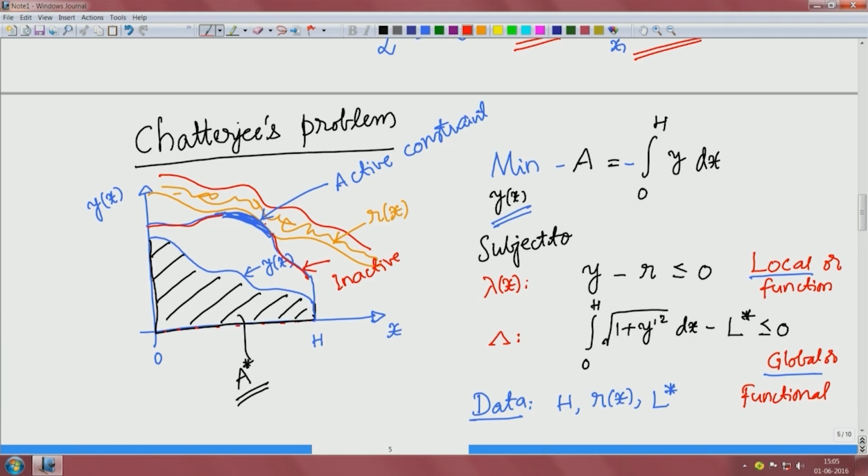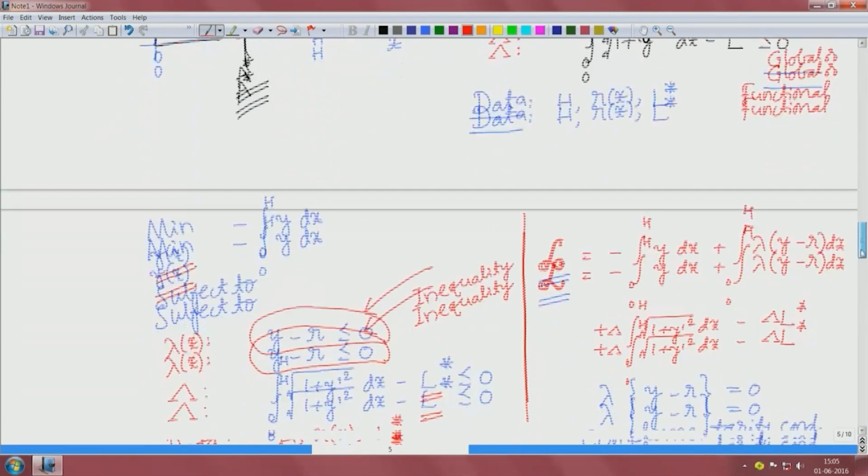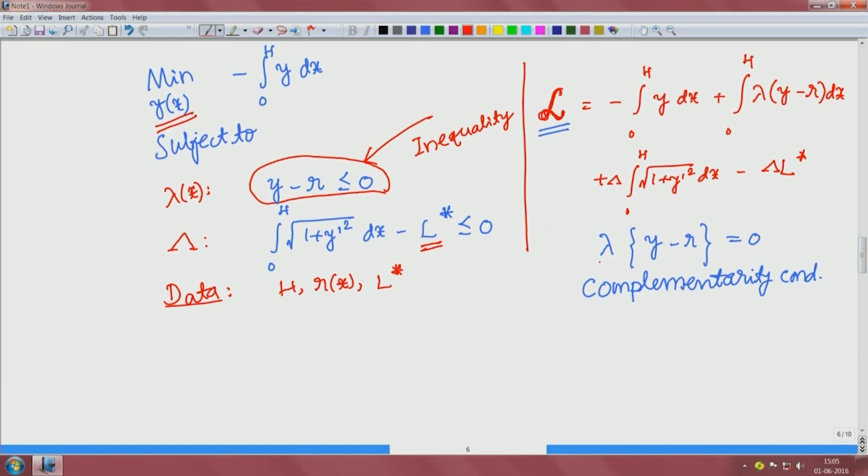In that portion where it is active, the lambda that we have need not be 0, because the complementarity condition says that either lambda is 0 or y minus r is 0, because their product is 0. So, when lambda is 0, it makes the constraint inactive.